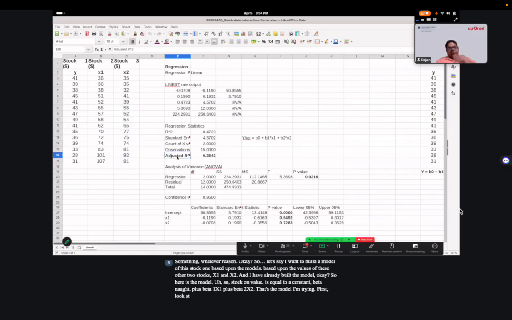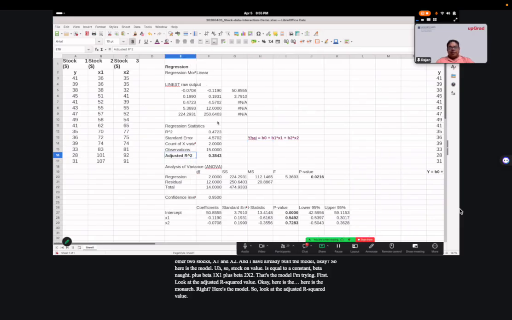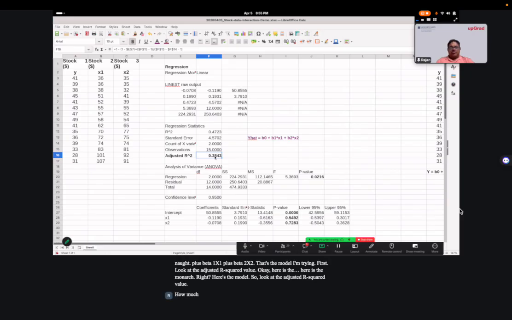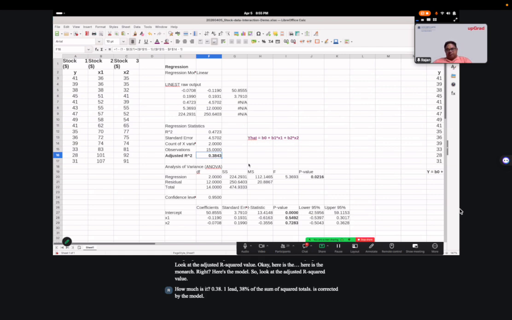Look at the adjusted R squared value. How much is it? 0.38. Only 38% of the sum of squared totals is explained by the model. So maybe it's not that great a model. That's okay.